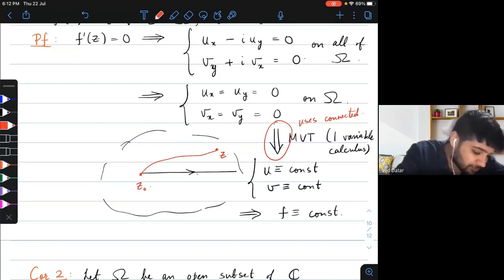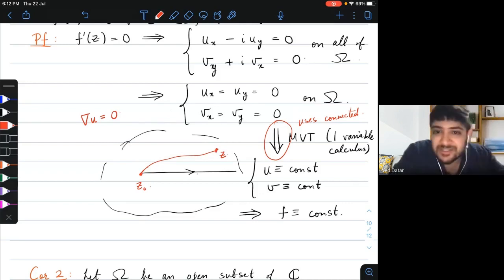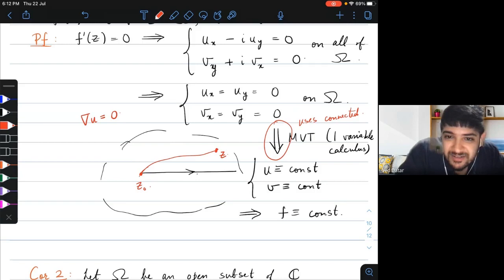And then the idea is, if you know that the gradient of u is 0, by the fundamental theorem, the values of u at these two points will be the same, right? But that's no longer true if you can't go from z0 to z by a path. Okay, does that make sense?